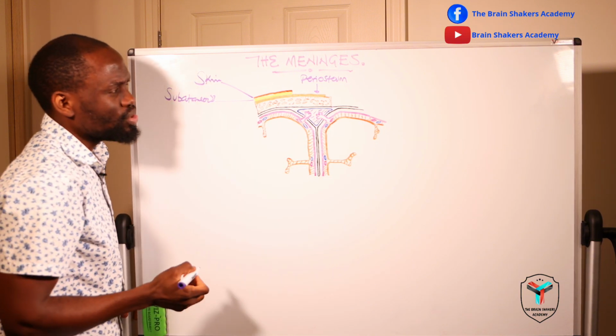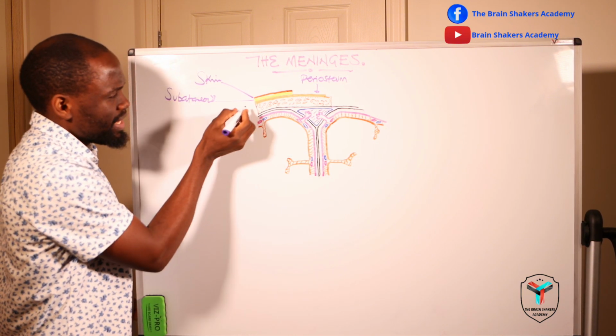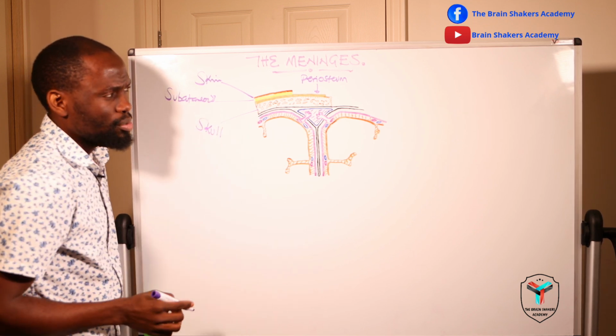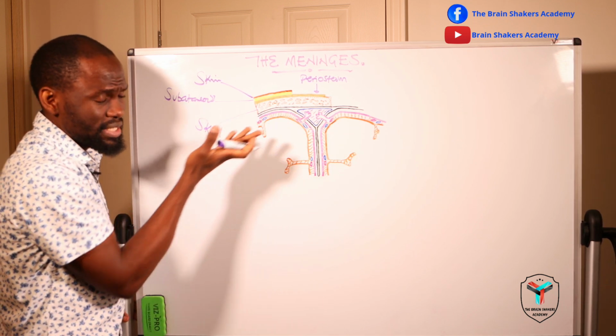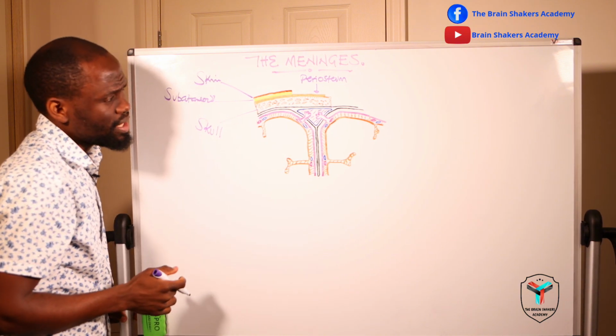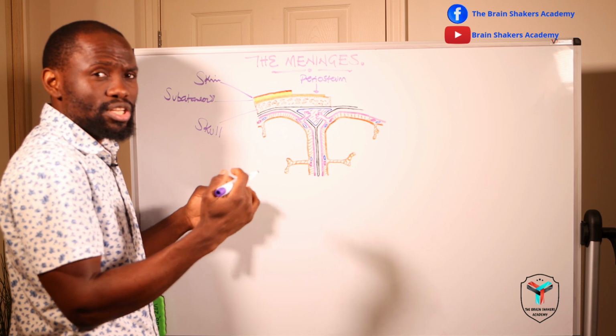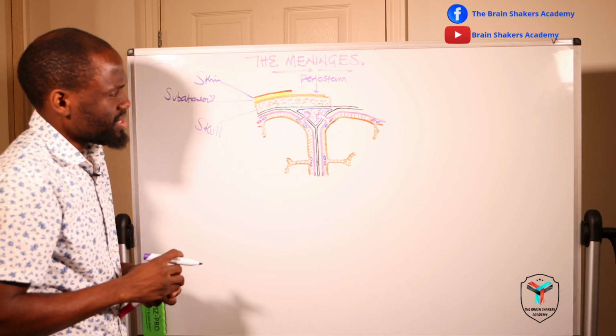And this one here that looks a little bit fenestrated is what is going to be referred to as the skull bone itself. And then from there, obviously, the inner part of the skull bone has a calvarium, which forms an inner fold before you get to the meninges themselves.